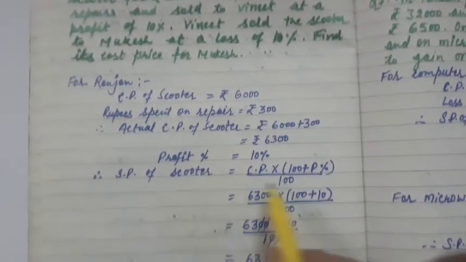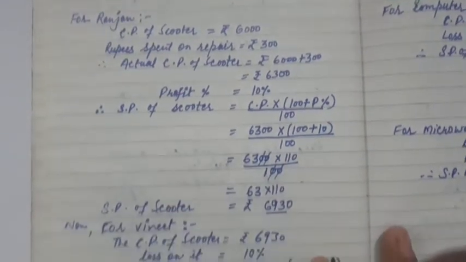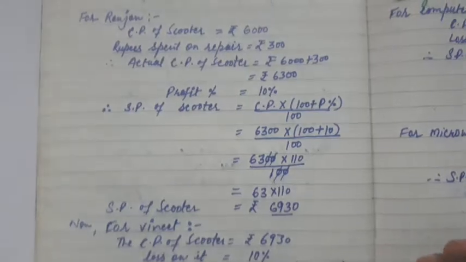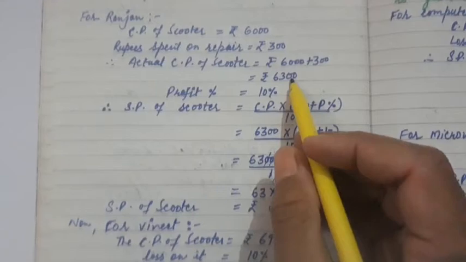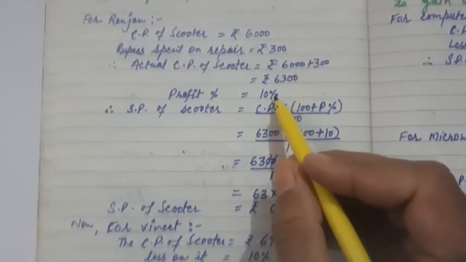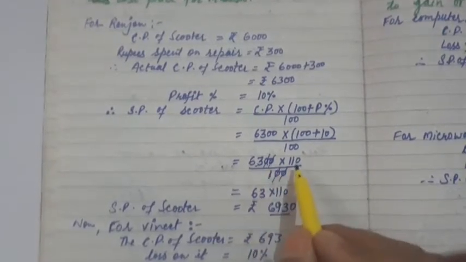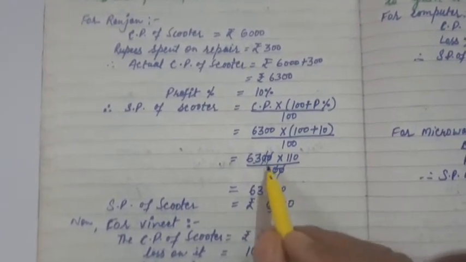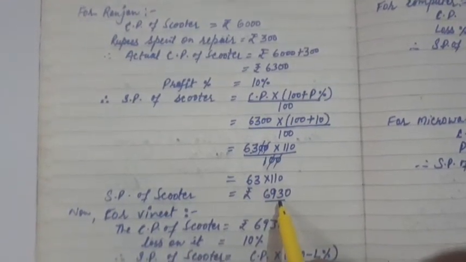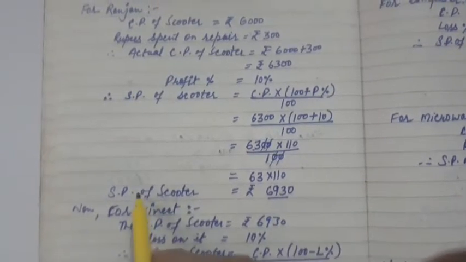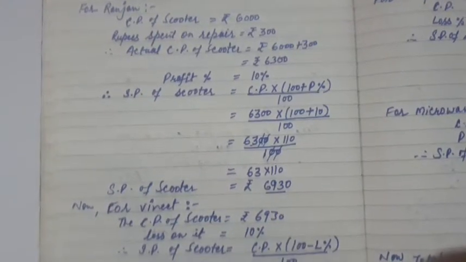Therefore SP of scooter becomes CP into 100 plus profit percent upon 100, that is 6300 into 100 plus 10 upon 100. 6300 is the actual CP, and 10 is the profit percent on it. So therefore 6300 into 110 upon 100, 100 we can cancel there. 63 into 110 is equal to 6930. So this is the SP of the scooter for Ranjan, that is 6930.